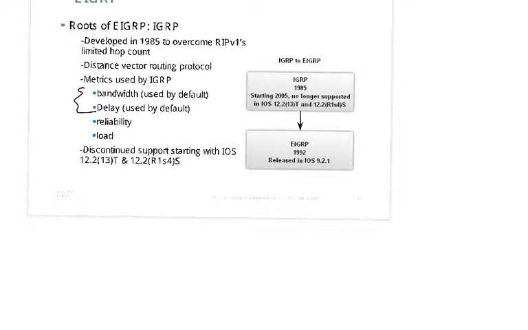On the other side, reliability and load depend on real-time information. So when you start running the network, the bandwidth of the link is different from the current load. The bandwidth is like a fixed characteristic of the link, but the load is the real-time load at this point in time, depending on how much traffic is currently going on.